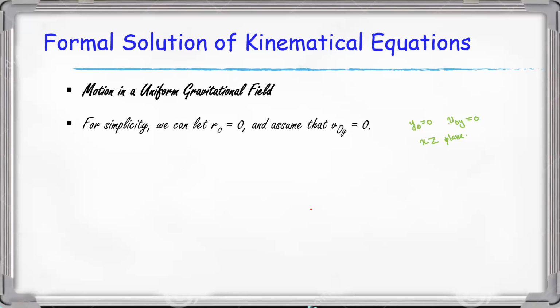And the first equation is simplified as x is equal to v0x t because x0 is equal to 0, and z is equal to v0z t minus half g t square. We get the x and z.